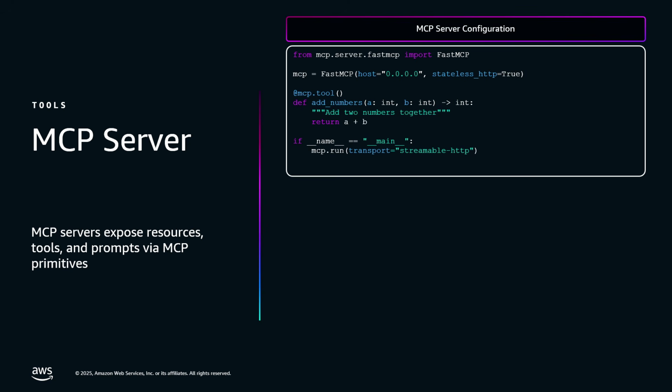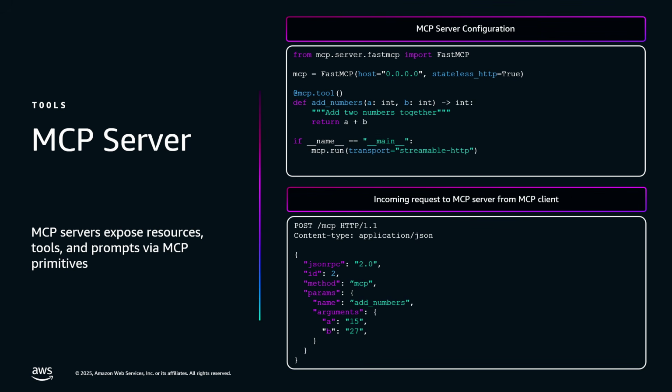You add that decorator, mcp.tool, on top of the function definition, and what that will do is take the docstring that was defined there, add two numbers together. That becomes the tool definition for the large language model, and it will parse through the list of parameters automatically, and that will become the list of parameters and their types, as well as the return type that the LLM will be expecting. So it does a bunch of magic under the hood for you.